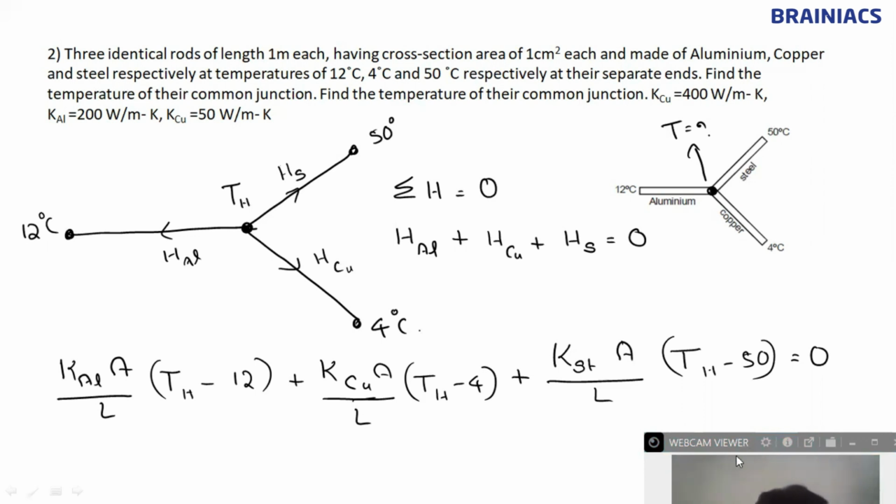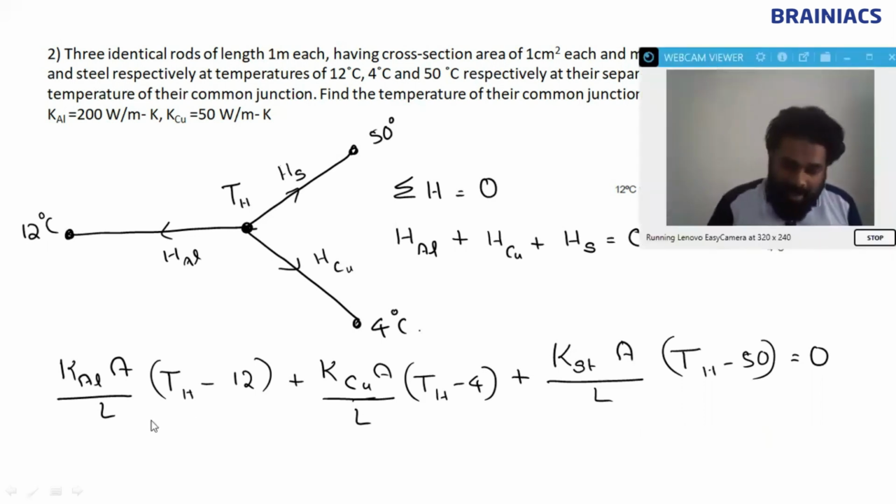Here, what we need to understand, this L, A, everything, they are all same. Area will be same. So area will go to that side. L will go to that side. Finally, what will be available here? Whatever this 12 degrees Celsius, Th minus 12, and this thermal conductivity also will be there.